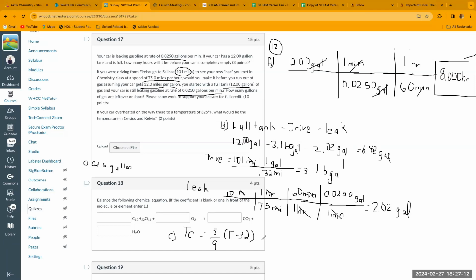Okay. So now that we've got the right equation, we just plug in our degrees in Fahrenheit, TF. So then it's 325 minus 32. That's all going to be divided by 1.8.